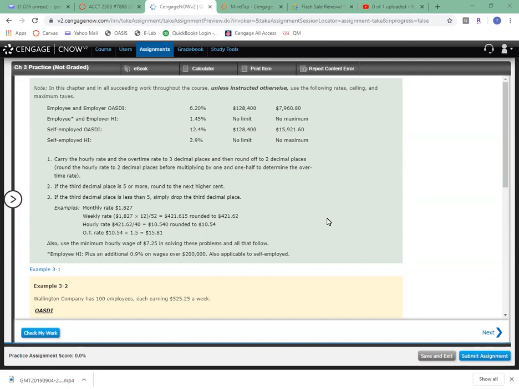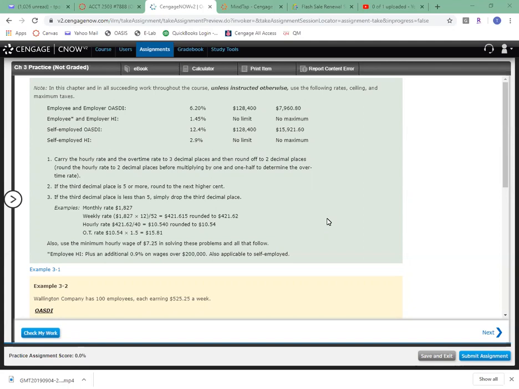Right now, as you can probably see on my screen, employees and employers are both paying the OASDI tax. They're paying 6.2% on taxable income up to $128,400. Once an employee makes more than that, they will no longer pay that 6.2% tax.